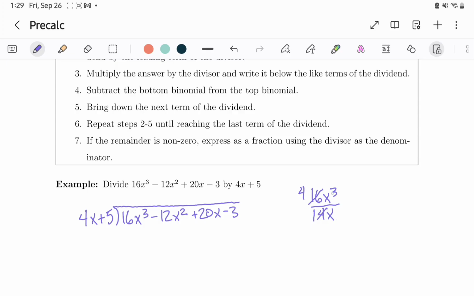And then for x cubed over x, well, each of these guys has a factor of x that we can peel off and cancel out. So we can cancel this x in the denominator with one of the factors of x in the numerator, which will decrease the exponent in the numerator to 2. So after we reduce, we end up with 4x squared. So that's going to be our first term for the quotient here, 4x squared.